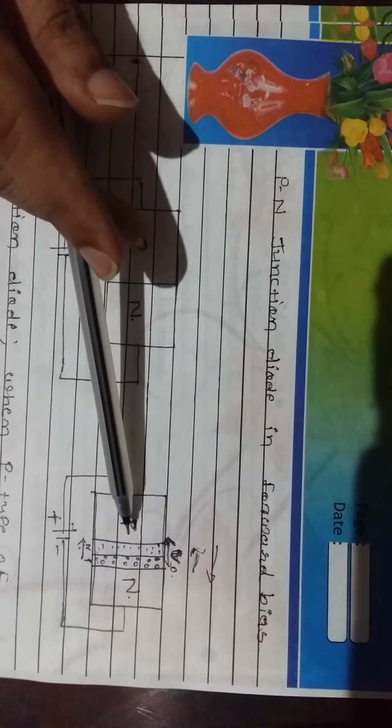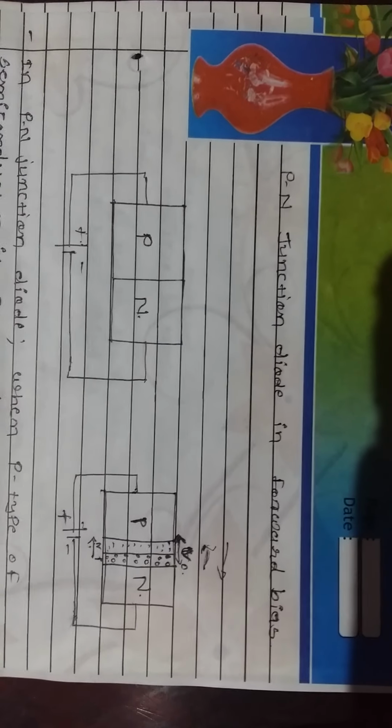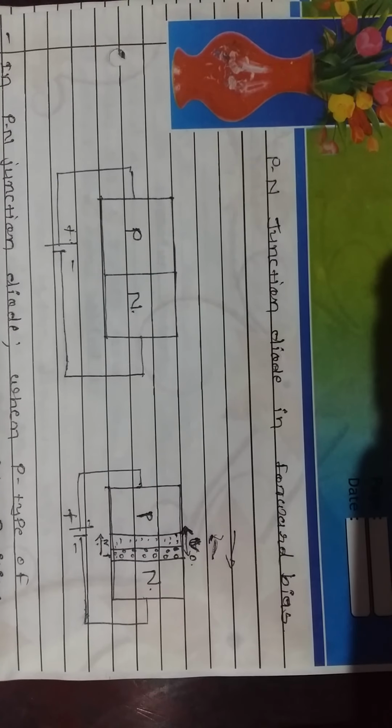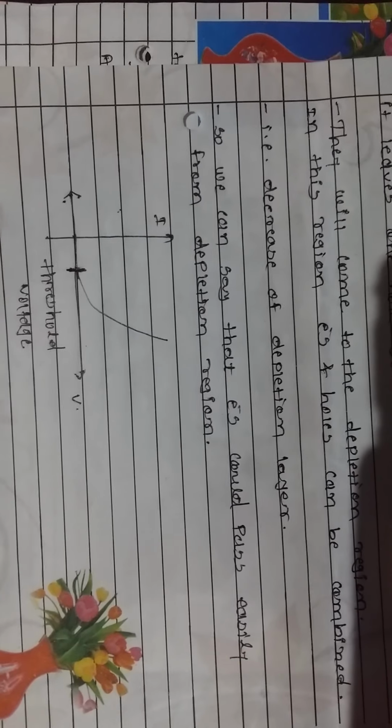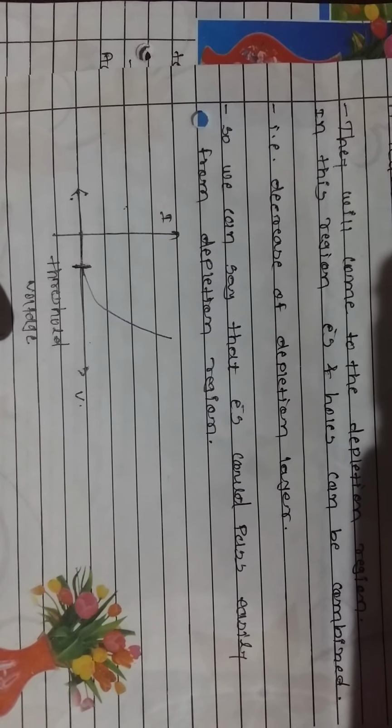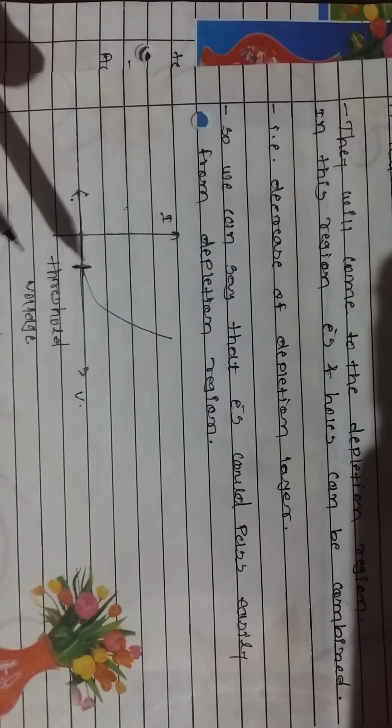At last it will reach zero potential, and then it will be in the conducting manner. So at last we see the characteristics of forward bias, that is, the I versus V graph I have shown. What is the threshold voltage?